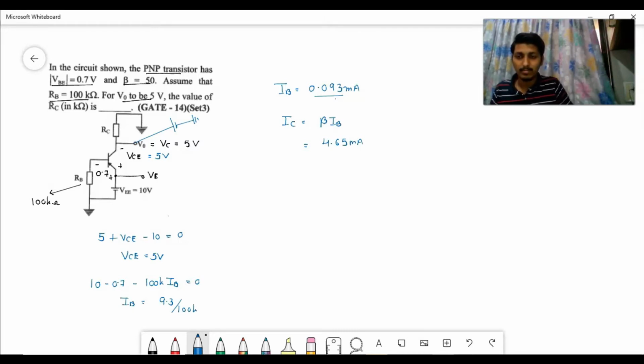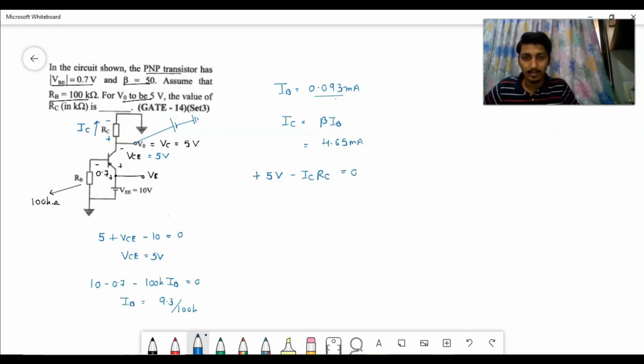So if we apply here a KVL loop, so this is plus minus IC. The collector current is flowing like this, in upward direction. So for this we will go for plus 5 volts minus ICRC equals 0.